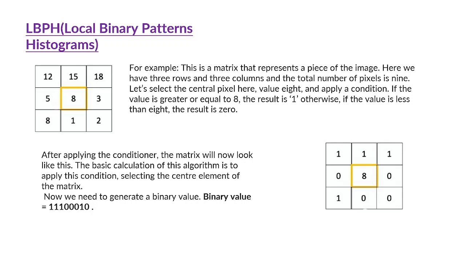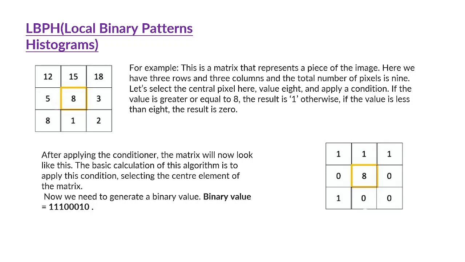Now let's select a central pixel whose value is 8, and we'll apply a condition for it. The condition defines that if the value of the other pixels is greater than or equal to 8, the result will be 1, otherwise the result will be 0. That is, if the value of the pixel is less than 8, the result should be 0.